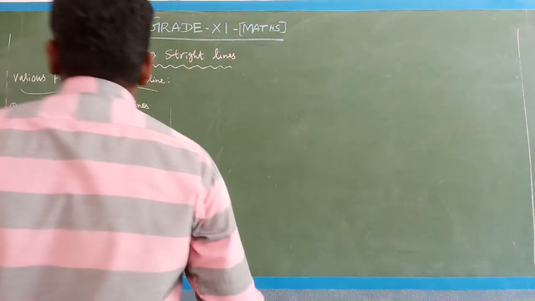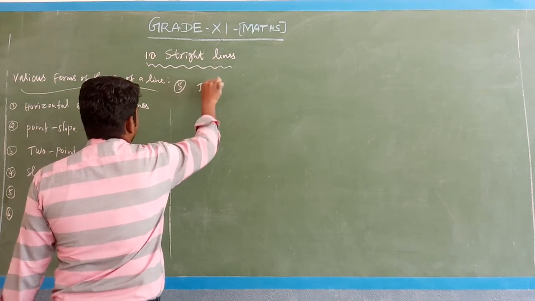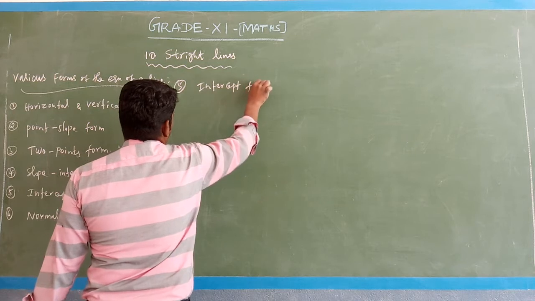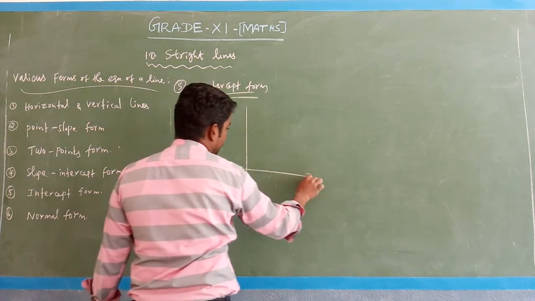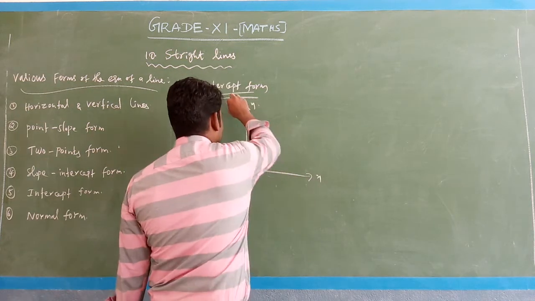Next, the fifth one, intercept form. In the xy plane, draw a line.